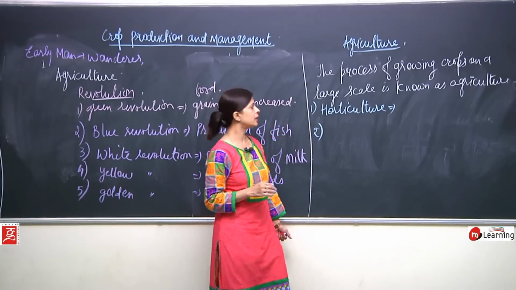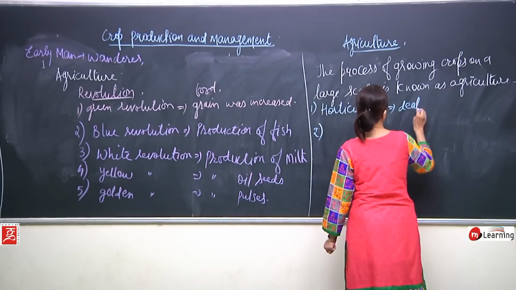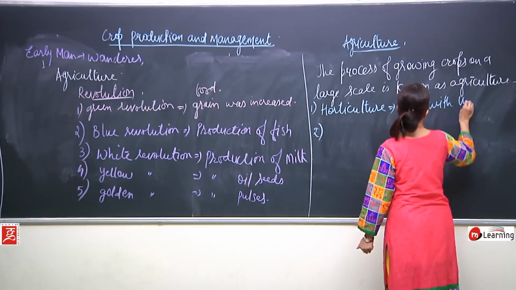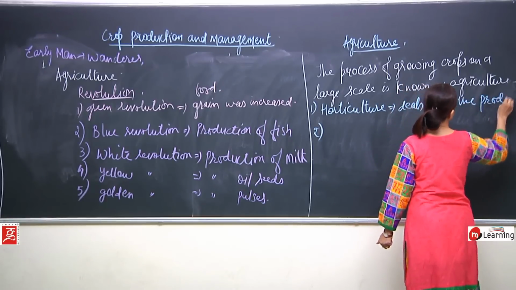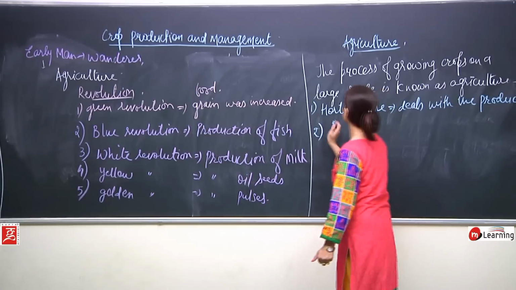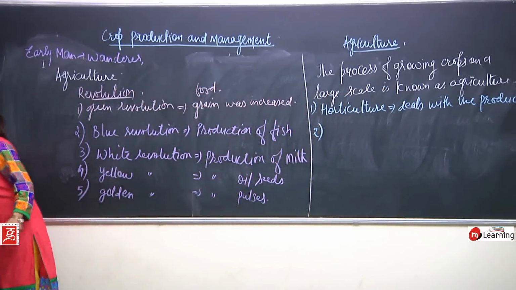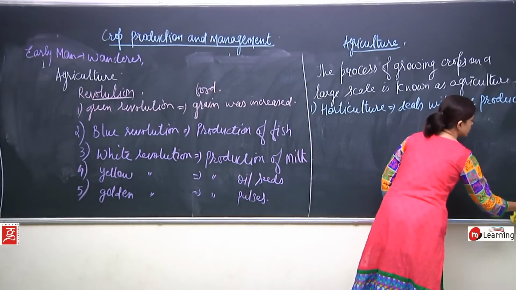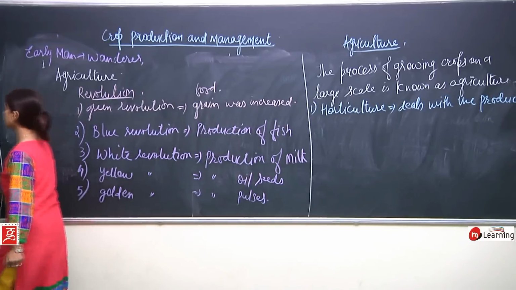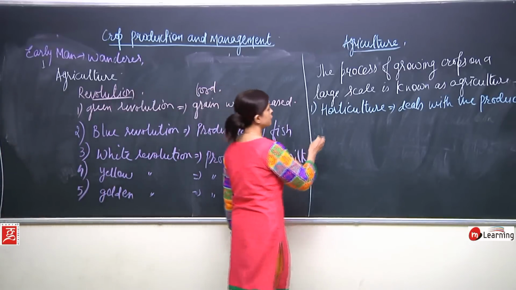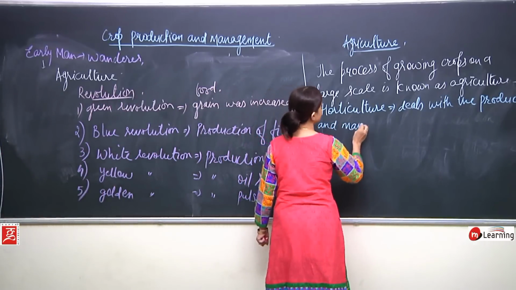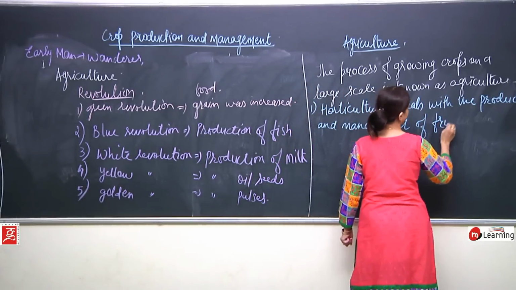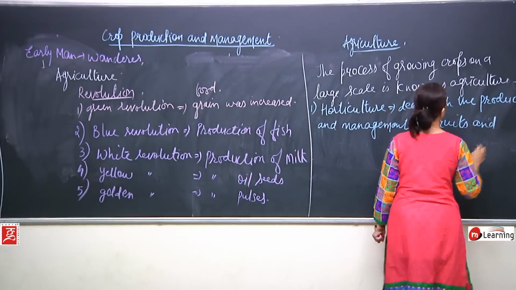It is a branch of agriculture which deals with the production and management of fruits and flowers.